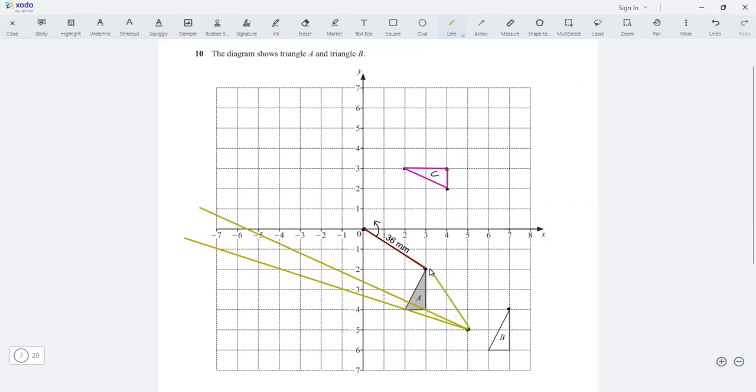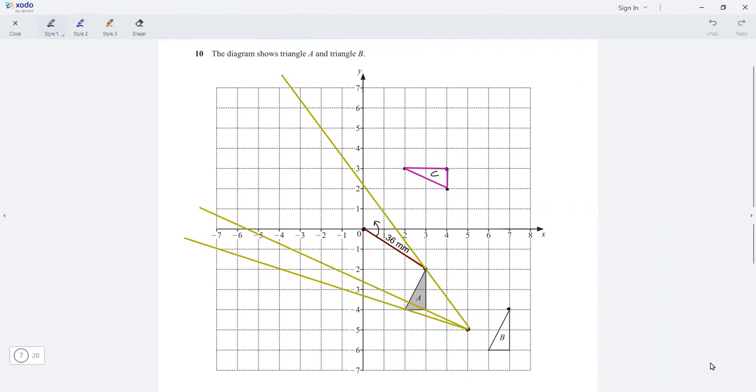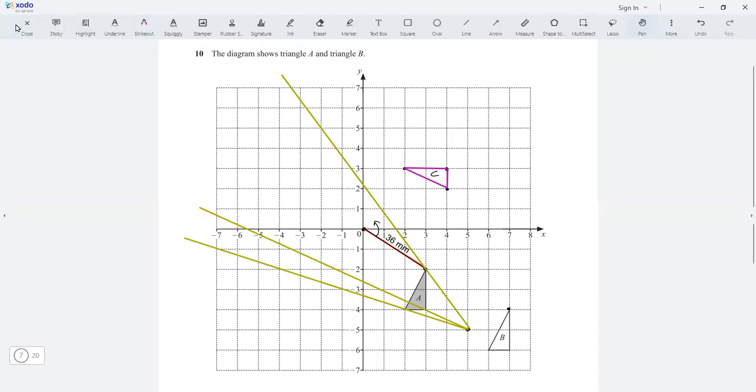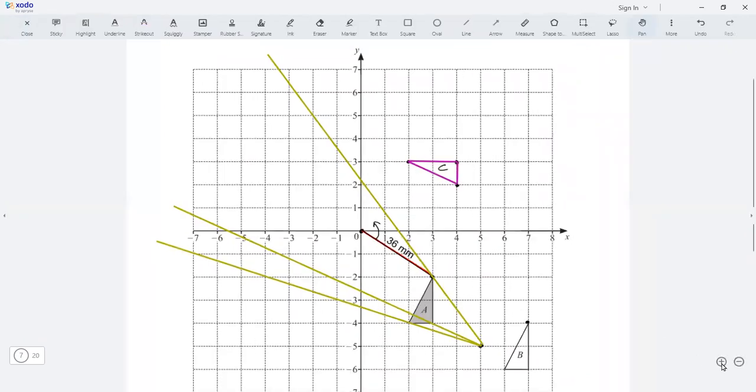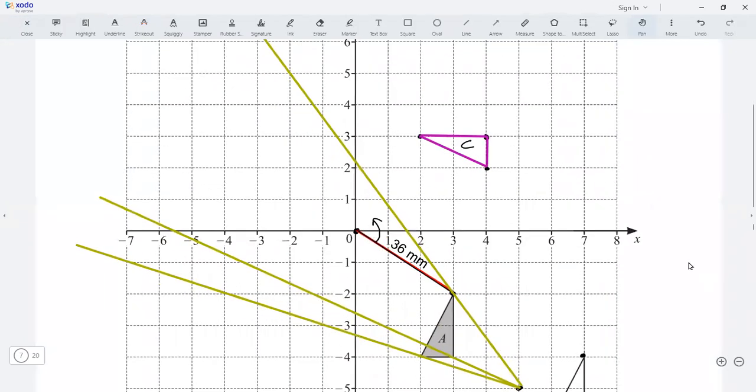It must be passing through this main point, we can see. So it will be fine. So how to solve this? You can check from the diagram.